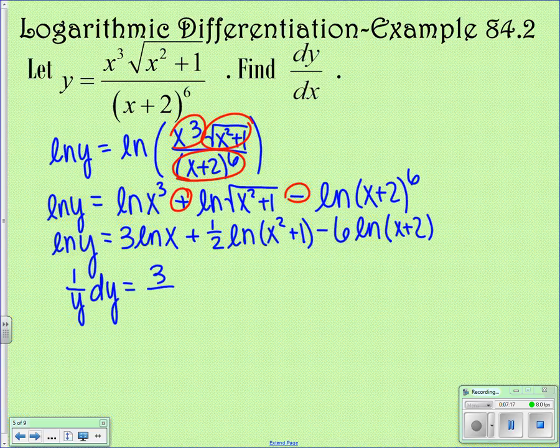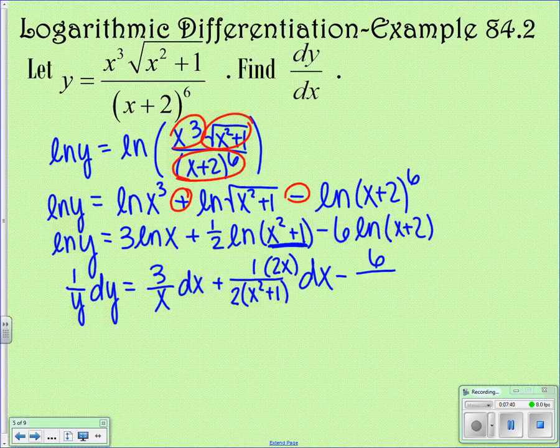We would have 3 over x dx plus 1 over 2 times 1 over x squared plus 1, because I have a 1/2. But we also have to do the derivative here, which is 2x, and then we put our differential, and then minus 6 over x plus 2. The derivative of this is a 1, so we don't have to worry about writing it.